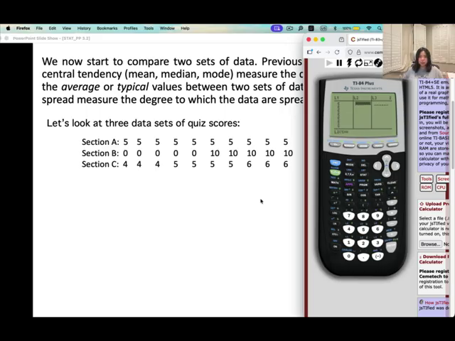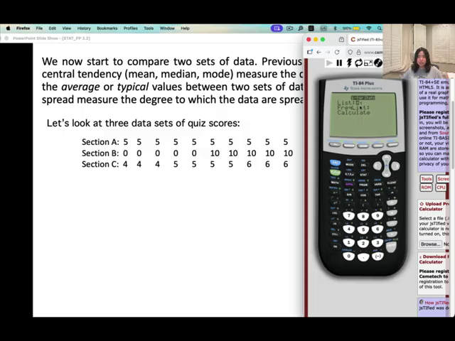Then session B will be on your L2, and then session C. Okay, all of them have 10 data points. Then we click on stat, click on calc, number 1, one-variable statistics.